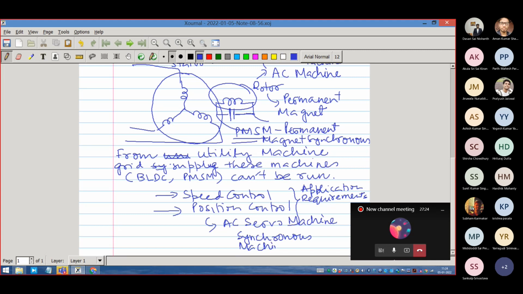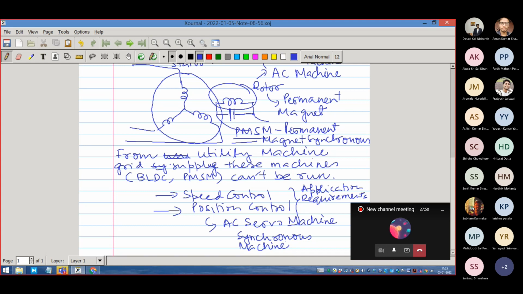So most industrial applications nowadays use AC machines, unless it is very high power, and at high power we have synchronous machines in the megawatt range. And then there are new applications.